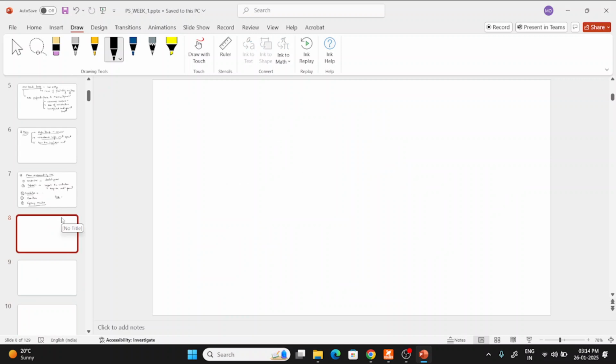So now we will discuss various conductors. What are the conductor materials we can use for this?